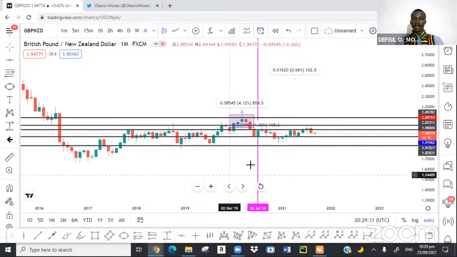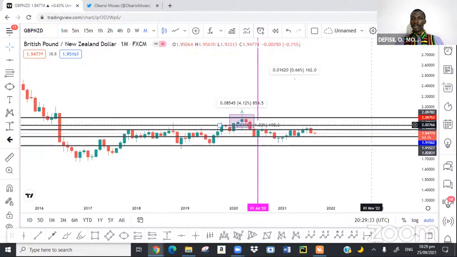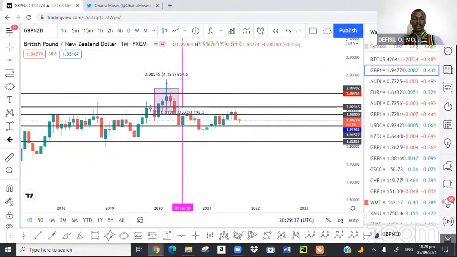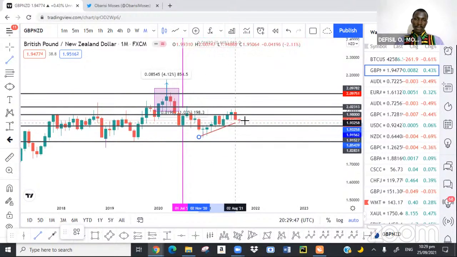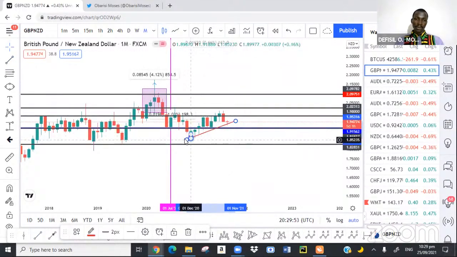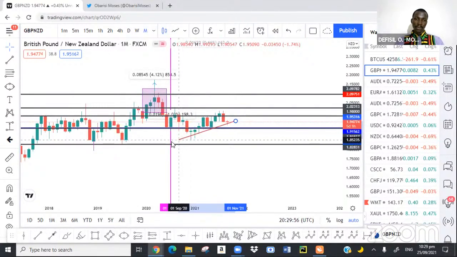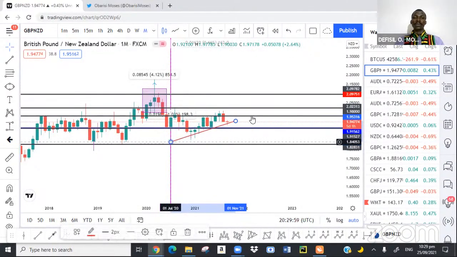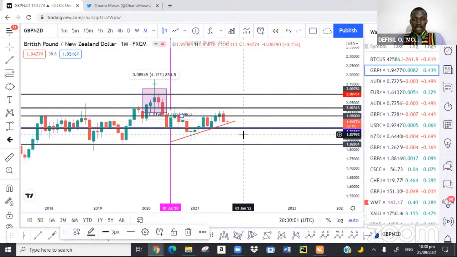Okay, in my opinion, on the monthly we have an uptrend. Here's my tool. Using this, we have an uptrend with some level of pullback.